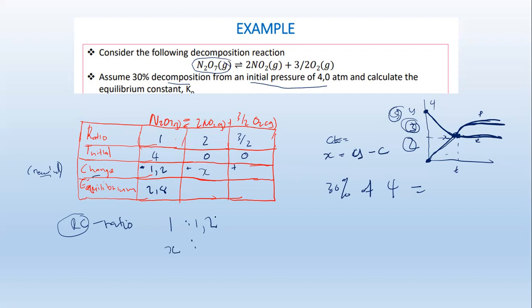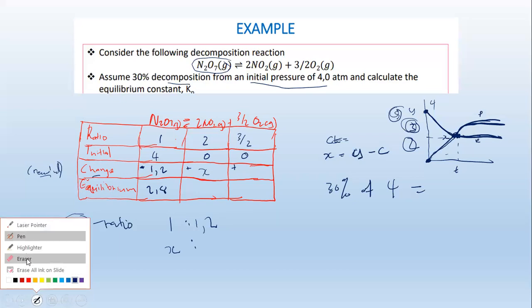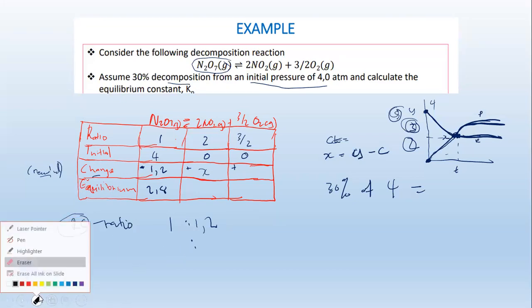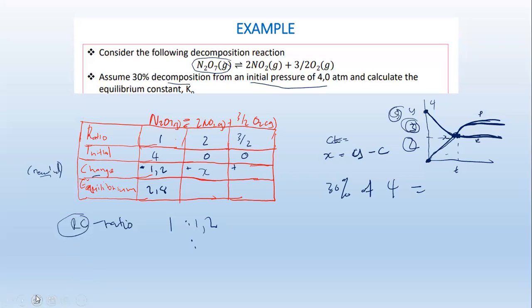2 is over there, so I made a mistake. 2 is supposed to come this side. Ratios are supposed to be aligned on the same side, right? So my ratio over here, remember this is 1, 1, and the ratio there is 2. Therefore this side is my X, which is what I'm looking for.